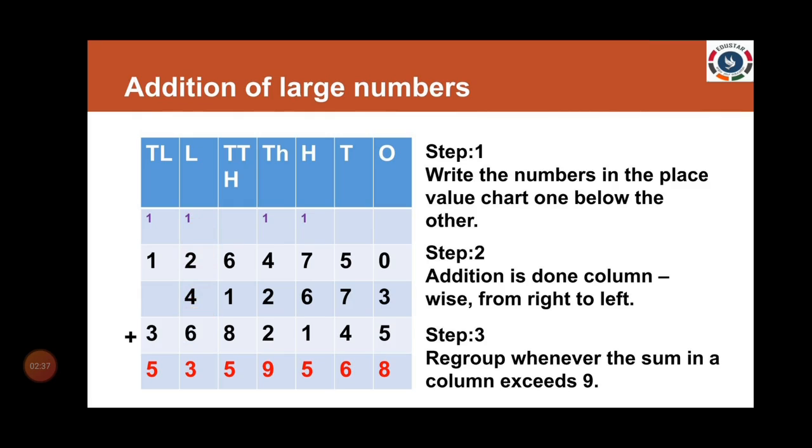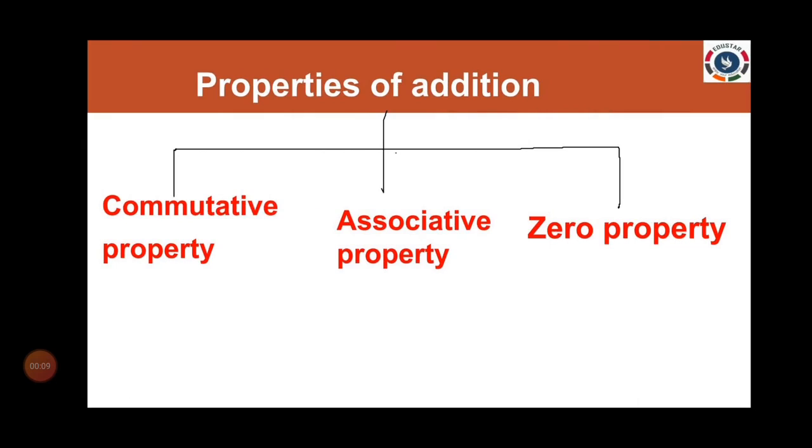So write 3 at the bottom in the lakh place, and 1 moves as a carry to the next place, the 10 lakh place. So write 1 at the top. Again you add 1 plus 1, 2 plus 3, 5. So write that. Finally you get 53,59,568. Then I am going to explain about the properties of addition.